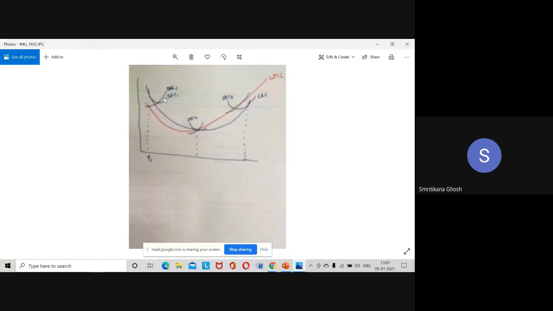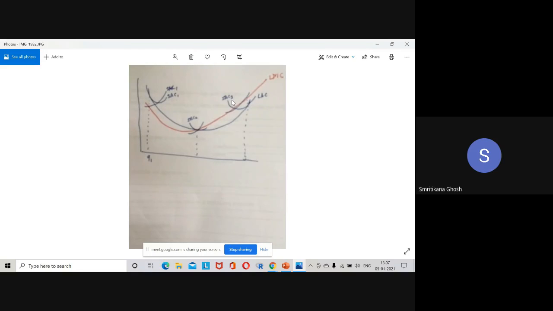First of all, your LAC is the envelope curve. You already know. So there are three SACs inside your LAC: SAC1, SAC2, SAC3. Each and every SAC has an SMC, that is the marginal cost curve.